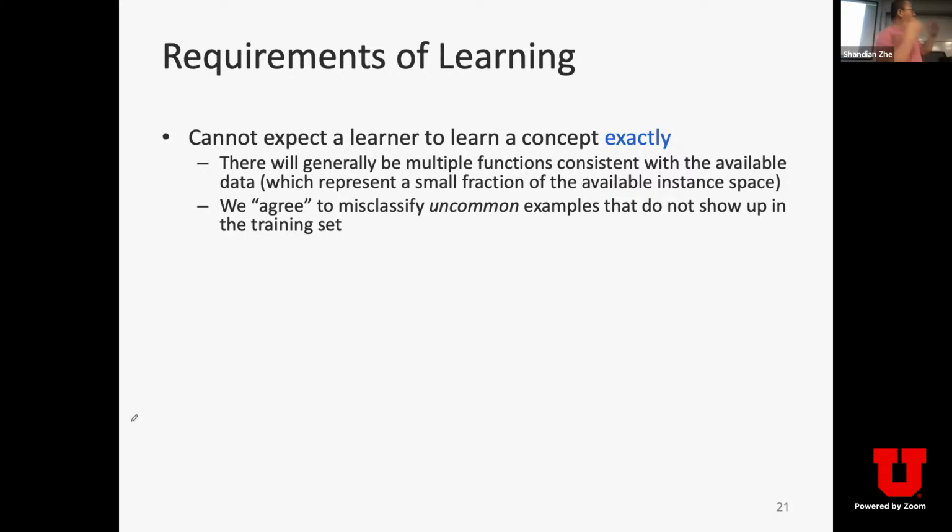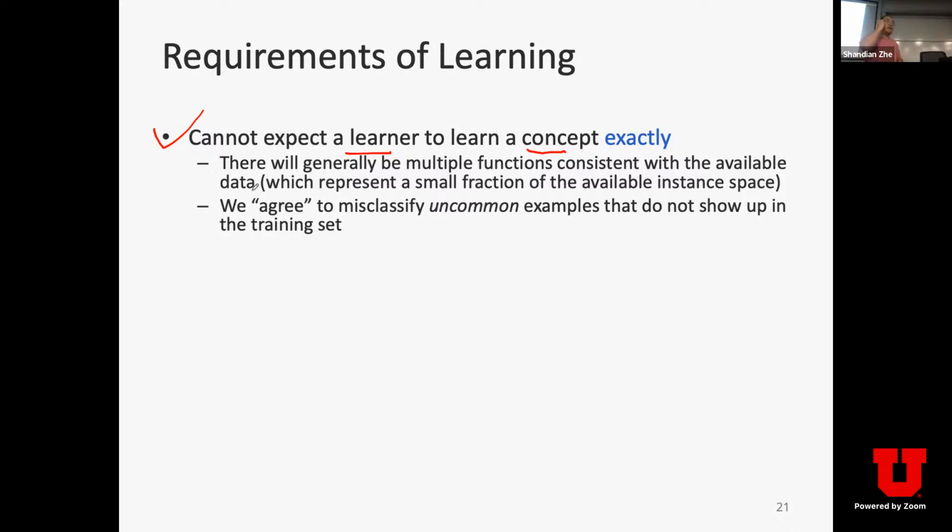Okay, before we start to talk about the ideas to address those questions, we need to first form a realistic idea about what we expect from our learning. First, we cannot expect a learner to learn a target function exactly. Why? Because you're learning from a finite set of data, not an infinite set. In practice, you're always dealing with a finite set of training data.